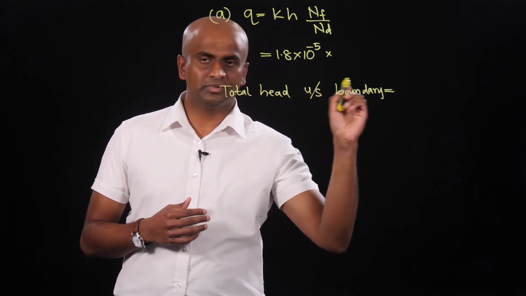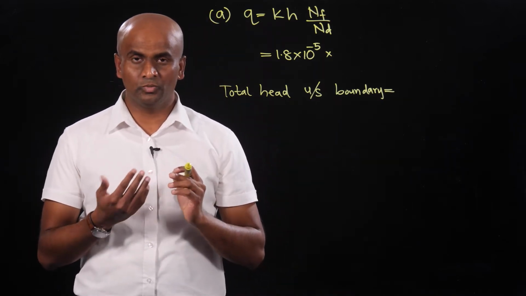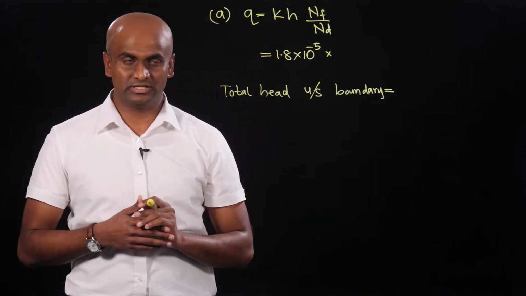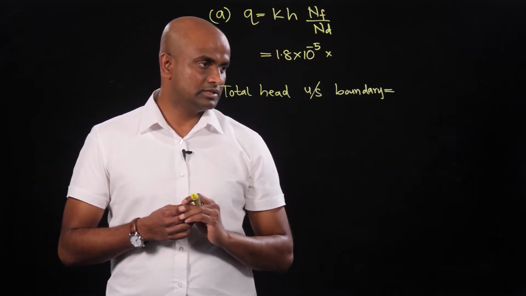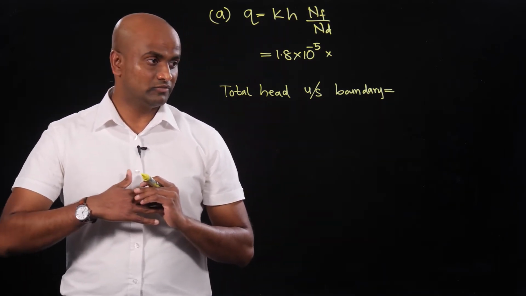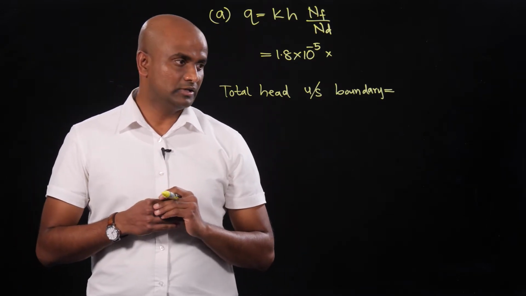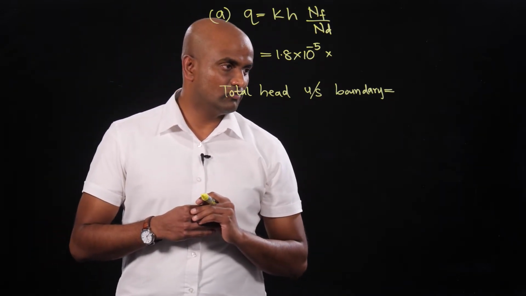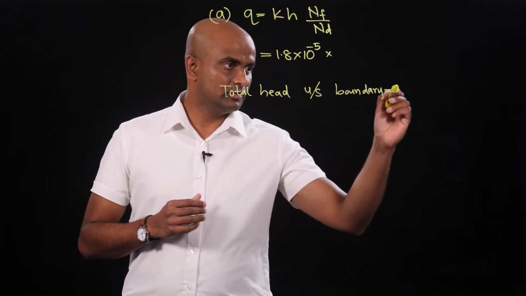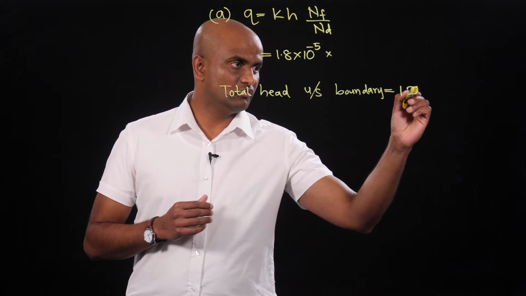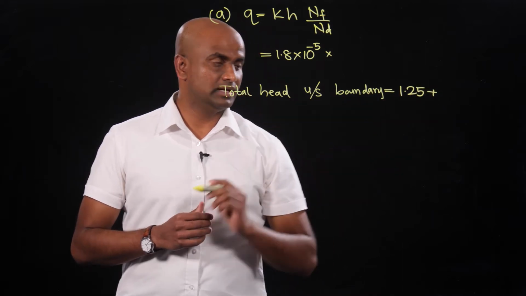So the total head, for seepage problems, comprises two parts: pressure head plus elevation head. The pressure head at the upstream boundary is the height of the water above the upstream boundary level. You can see a 1.25 meter height of water at the upstream boundary. So that will be 1.25 at the upstream boundary, plus the elevation head.